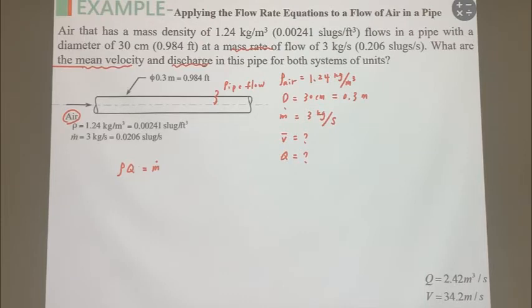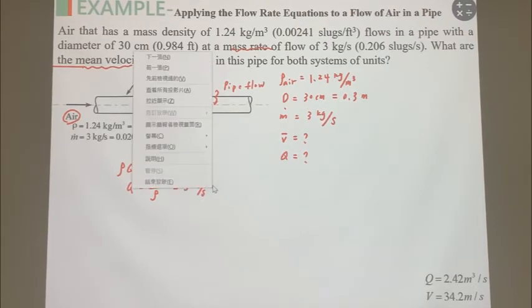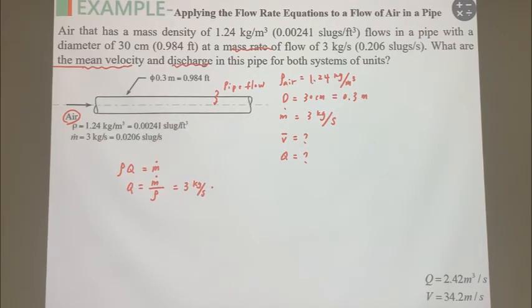It's very simple. How can you compute Q? If you have the mass flow rate, you simply divide by rho and then you have Q. We have 3 kg per second, divided by rho, which is 1.24.